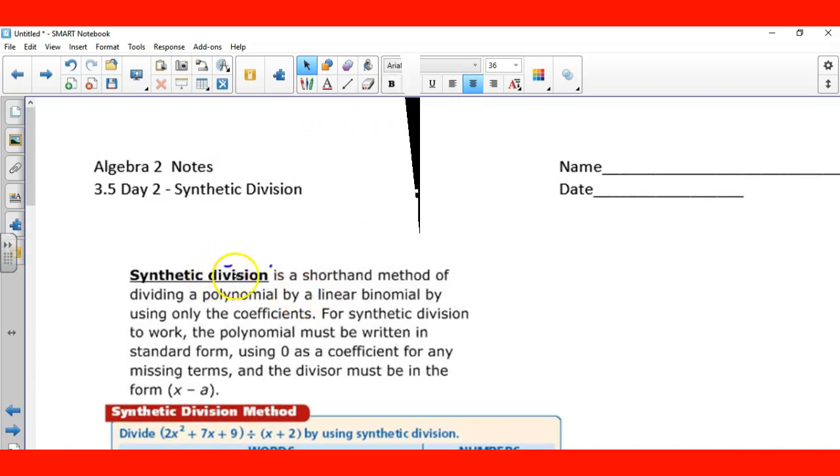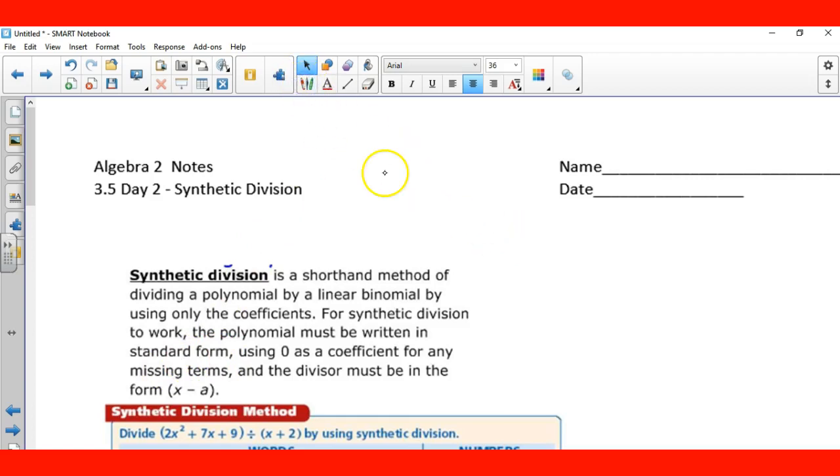All right, synthetic division is a shorthand method of dividing a polynomial by a linear binomial and using only the coefficients. For synthetic division to work, the polynomial must be written in standard form. Standard form meaning descending order.